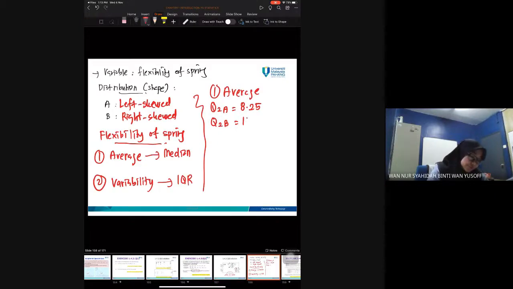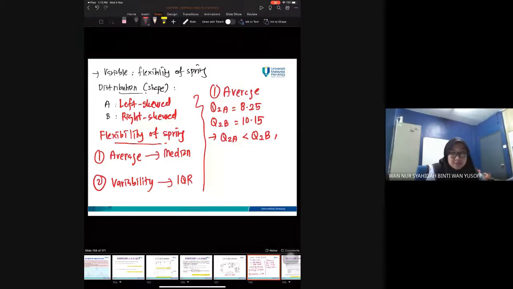So compare first. You can start with A or you can start with B. Q2 of A is less than Q2 of B, so the average of A is less than the average of B, because for the average here we use Q2.